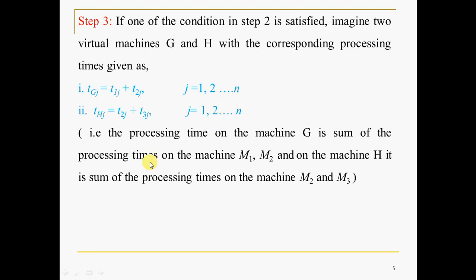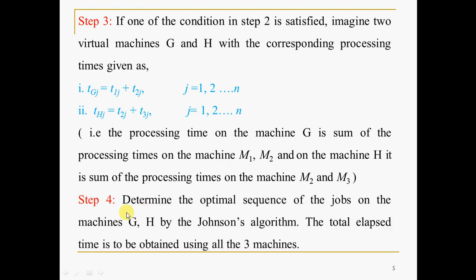Once you convert the n jobs three machines problem into an n jobs two machines problem, you can go to step 4, determining the optimal sequence using Johnson's algorithm. Determine the optimal sequence of the jobs on the machines G and H by Johnson's algorithm.